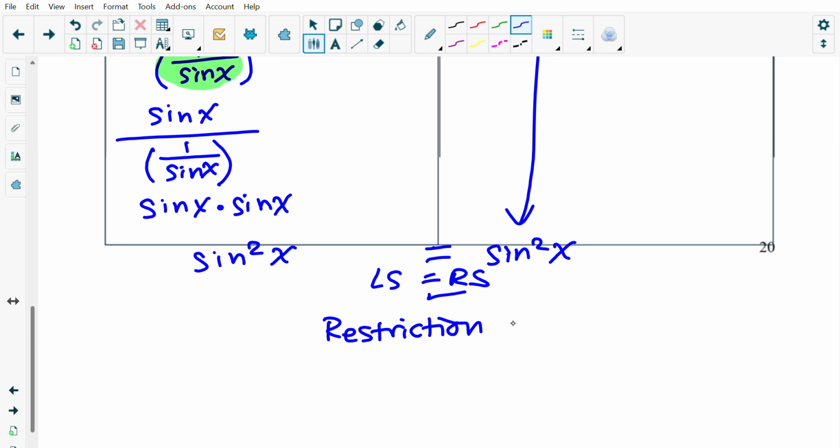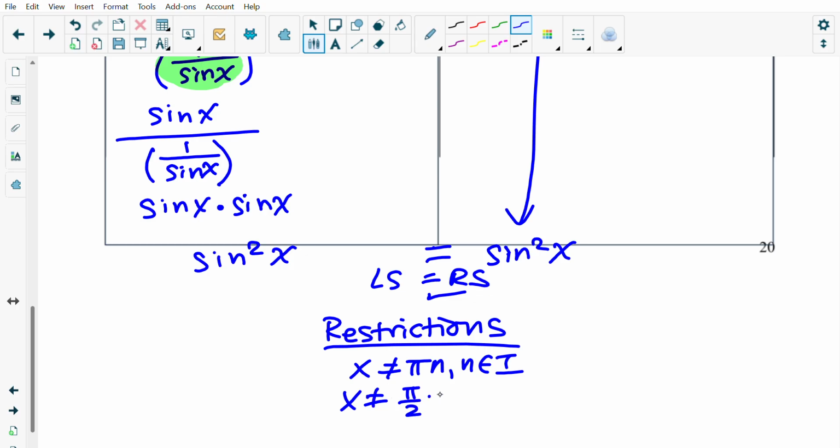Remember, they're not valid for all real numbers. Here are my restrictions. x does not equal pi n, n is an element of all integers, and x does not equal pi over 2 plus pi n, n is an element of all integers. Okay, so proven identity with restrictions.